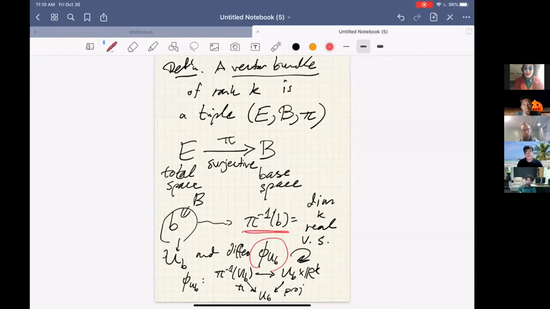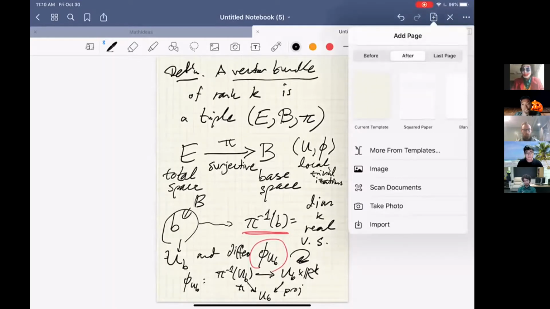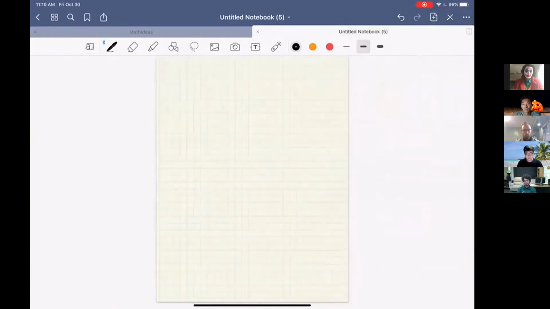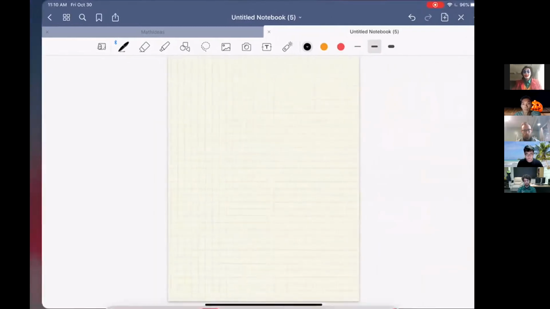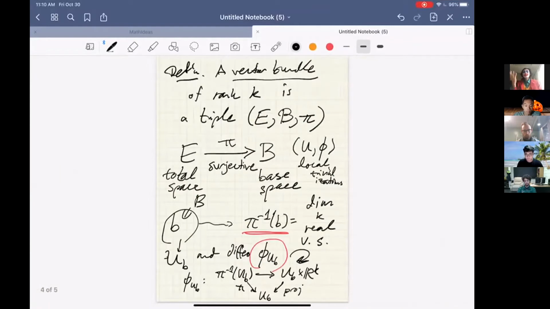Okay. And these things have a name. These charts, (U, phi), these are called local trivializations. Okay. The real meat of a vector bundle is in the data of the local trivializations.